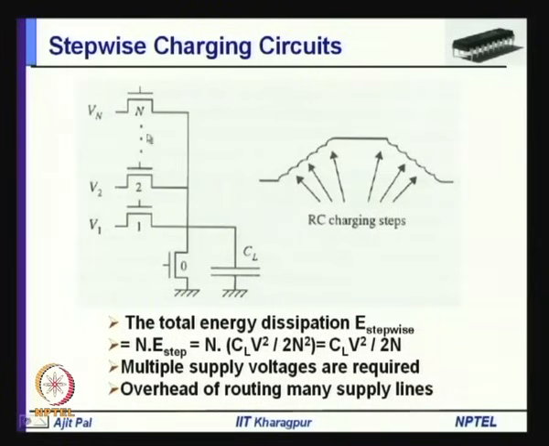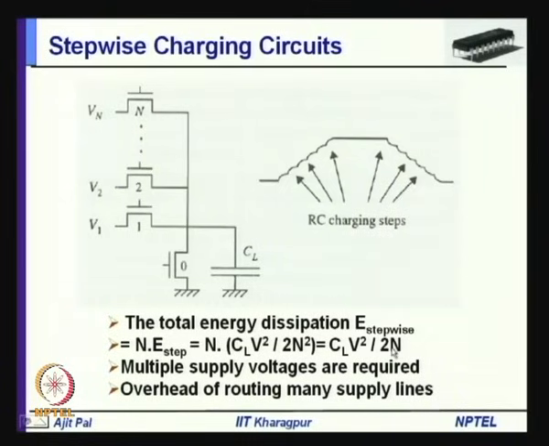Whenever you do the charging in n steps, the total energy dissipation by using stepwise charging is equal to n into each step, that is n into CL VDD square by 2 n square, as we have already seen. So, this will be equal to CL VDD square by 2n.